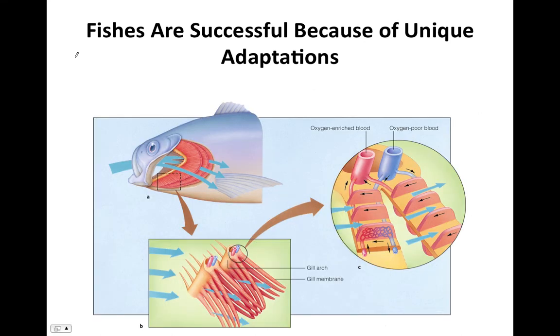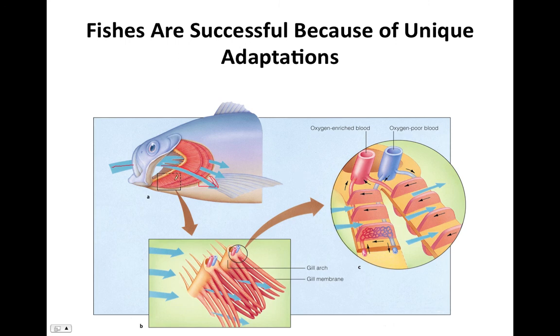So here we see a fish's gill system, how it performs this gas exchange, how it extracts oxygen from the water. The water flows in through the fish's jaws and then through its gills. Its gills consist of these bones called gill arches and this soft tissue called gill membranes that extend off of the arches.